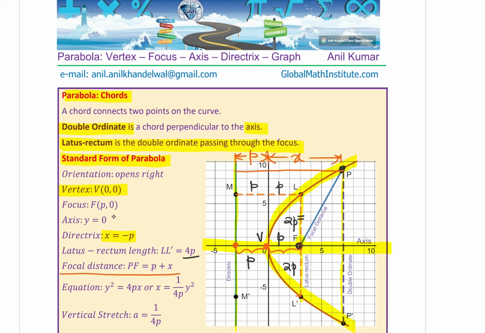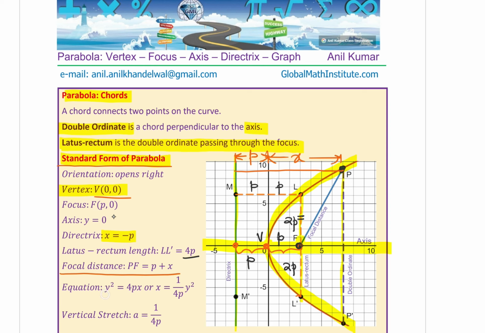We are talking about the standard form of parabola where the vertex is at the origin, right? Remember, if the parabola is translated, in that case, we'll have to take care of the transformations. Now we'll soon prove the equation representing the given parabola.